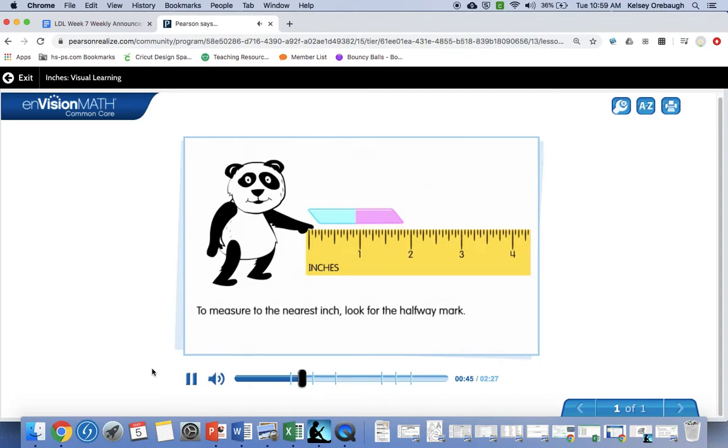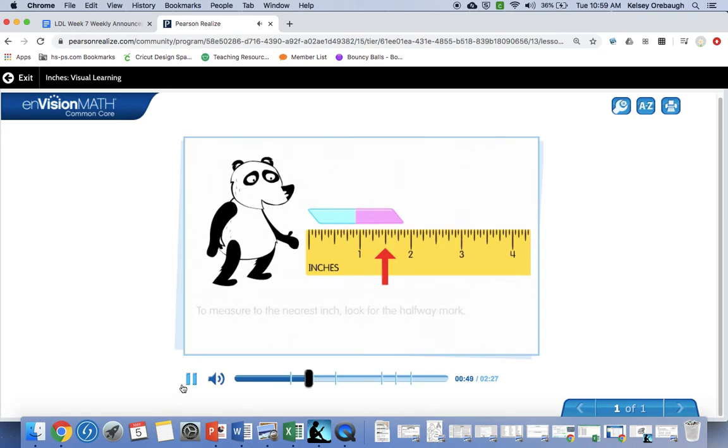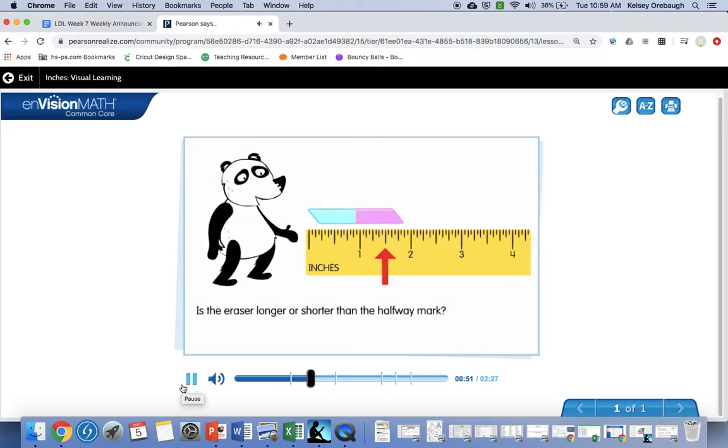To measure to the nearest inch, look for the halfway mark. Is the eraser longer or shorter than the halfway mark? Okay, so to measure to the nearest inch, so to say whether this eraser is closer to 1 inch or 2 inches, look at the halfway mark.